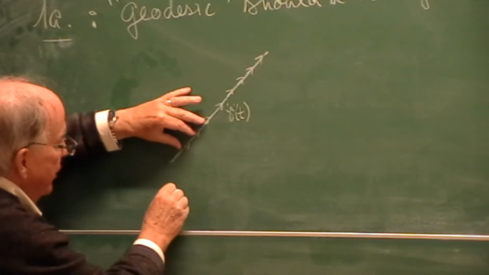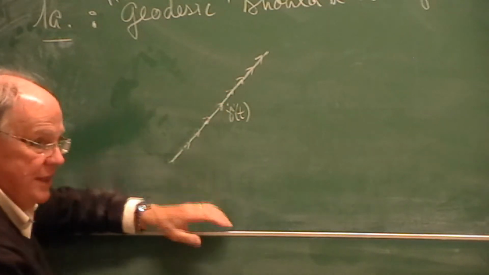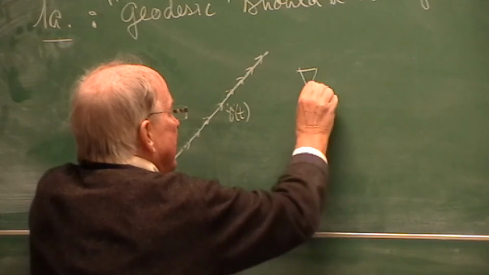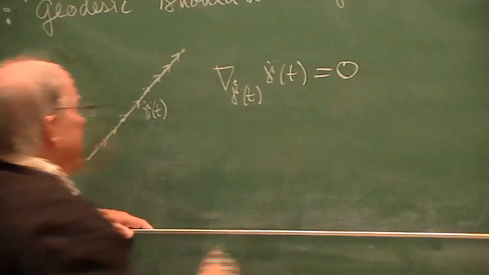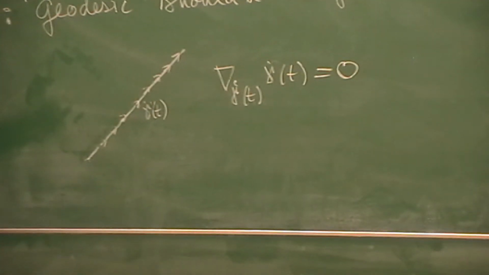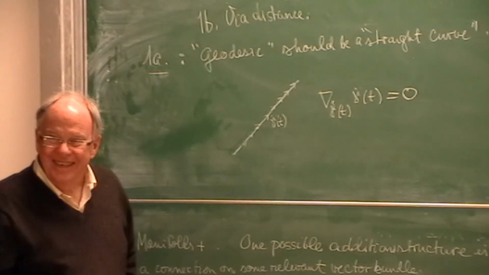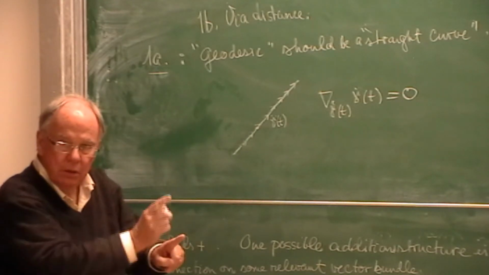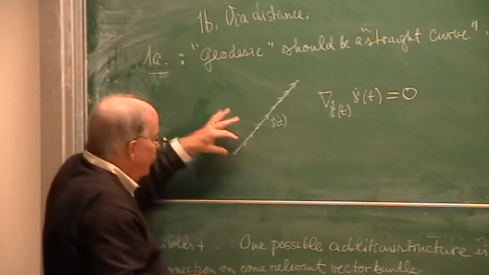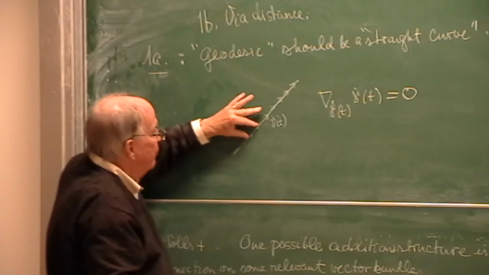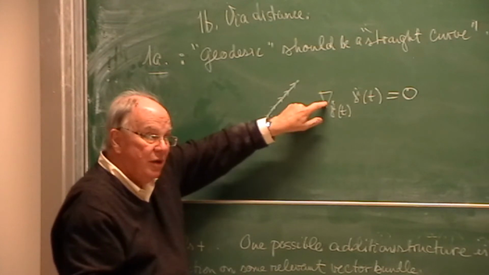When you transport it along here, it stays tangent to the line, it doesn't move. It says that the derivative of the velocity vector with respect to the velocity vector is 0. It stays parallel, it stays straight. You move along the curve with this velocity, and you go by parallel transport, and you stay parallel to the curve. That means you stay tangent to the curve. That's parallel transport of the velocity vector.